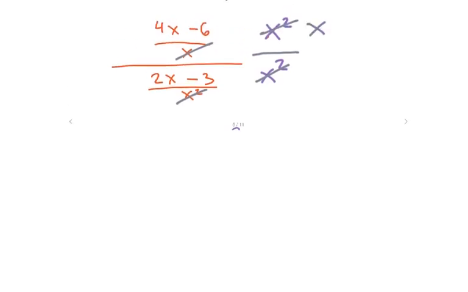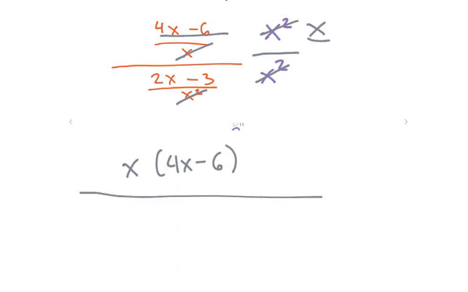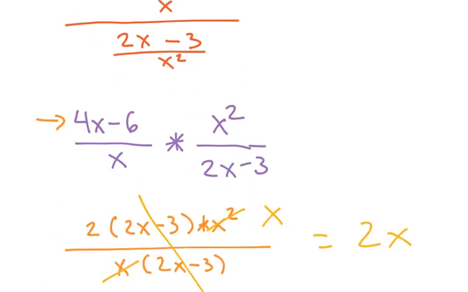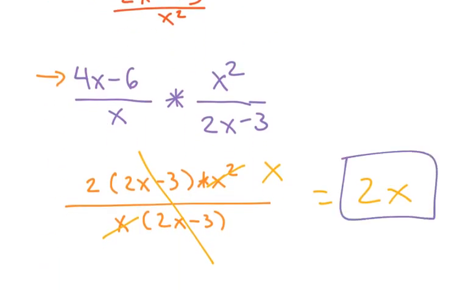So this would leave me with x times 4x minus 6 in the numerator, and the denominator is just left with 2x minus 3. And similar to the previous way we worked it out, in 4x minus 6 we could factor out a 2, and this would leave me with 2x minus 3. And hence 2x minus 3 and 2x minus 3 would cancel out, and we'd be left with 2x. So, however we look at it, we get the same answer.